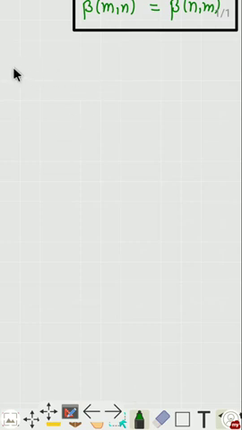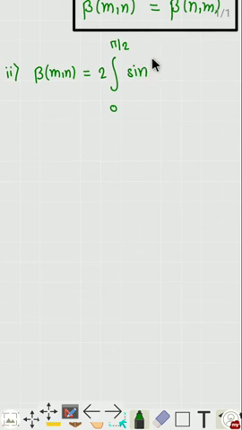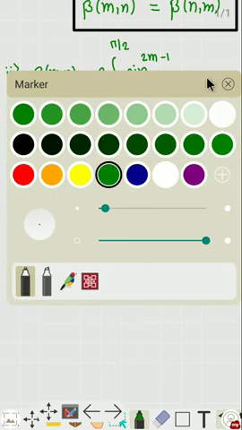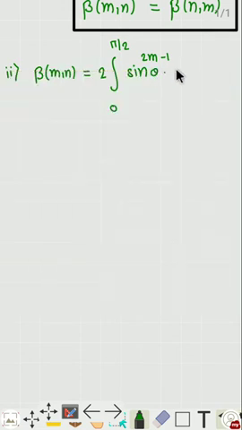Now let us try to prove the second property of the beta function, and the second property is beta m n is equal to 2 times integration over 0 to pi by 2 of sine raised to the power 2m minus 1 theta into cos raised to the power 2n minus 1 theta d theta.